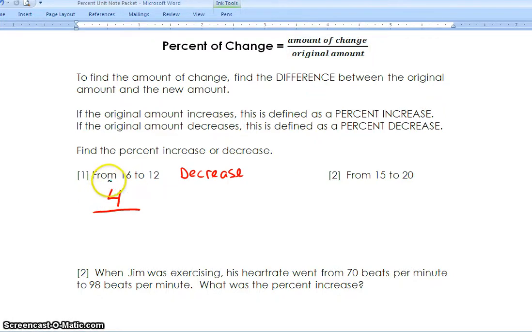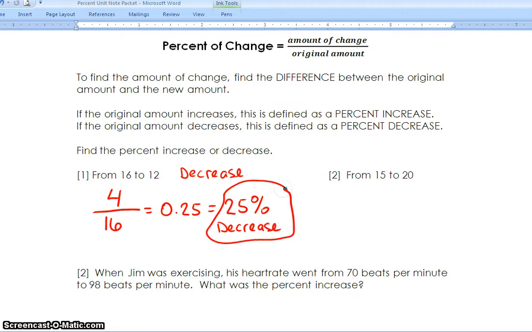Since it went from 16, that's going to be your original. We can use calculators on this, so we do top divided by bottom. We get 0.25. What is that as a percent? Awesome, 25%, and we already wrote the word decrease. I'm going to write it again here because then I'm going to circle this as our final answer. So from 16 to 12 is a 25% decrease.